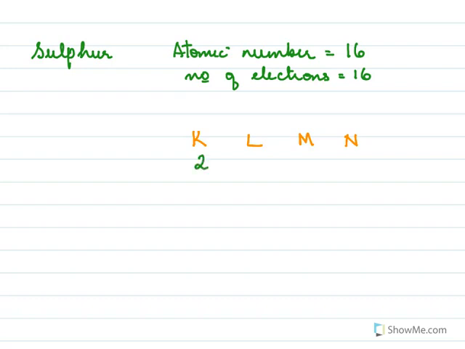In the K only 2 can fit, not more than that. Then we have 8 electrons in the L. That becomes 2 plus 8, 10. We are left with 6. So that is 6, and we will not have the N shell. If you add up all the electrons, you get 16. So this is the electronic configuration of sulfur: 2, 8, 6.